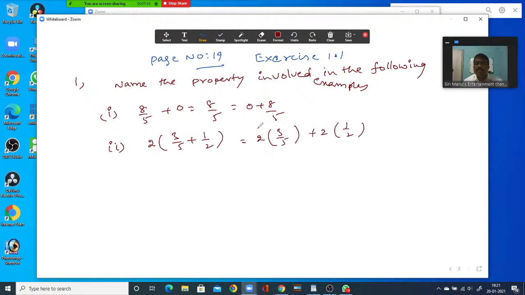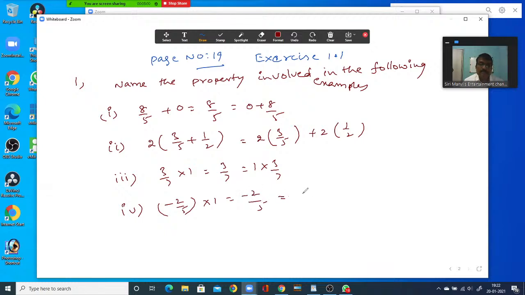Next, 3 by 7 into 1 is equal to 3 by 7 is equal to 1 into 3 by 7. Next, minus 2 by 5 into 1 is equal to minus 2 by 5 is equal to 1 into minus 2 by 5.